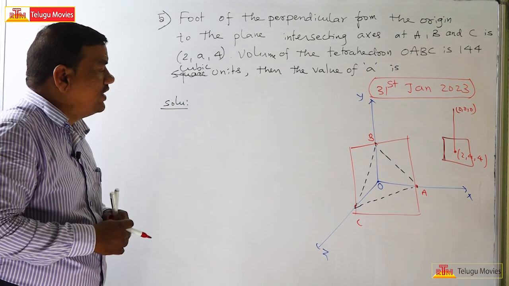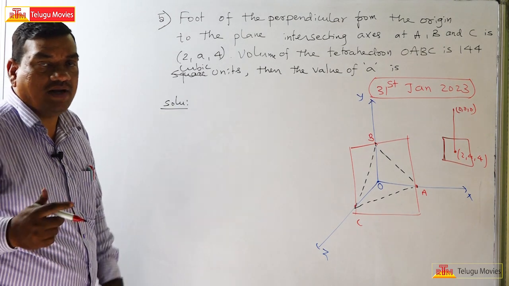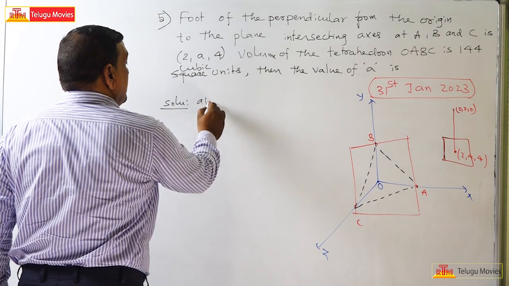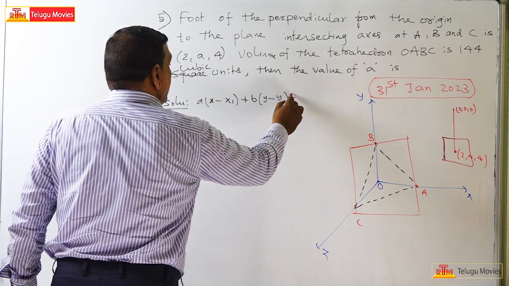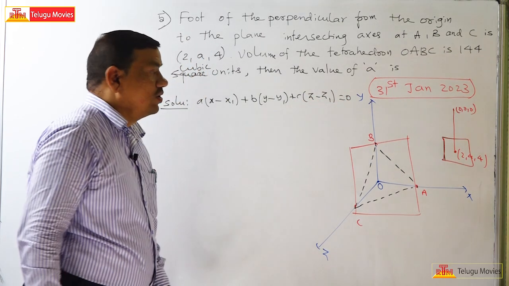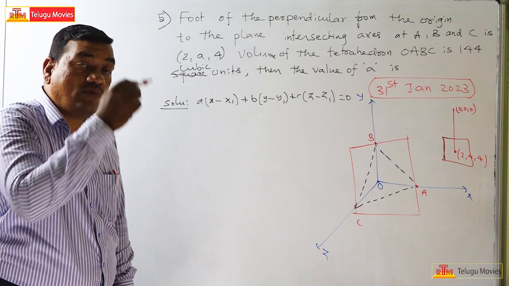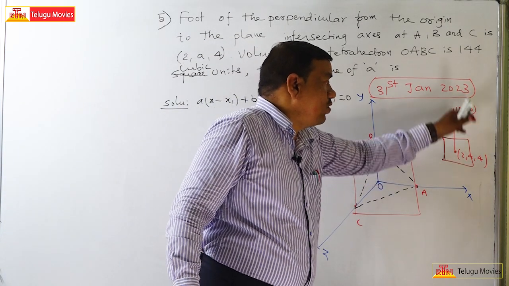First we will find the equation of the plane. The equation of the plane is a(x minus x1) plus b(y minus y1) plus c(z minus z1) equals 0. Here a, b, c are the direction ratios of the normal, which are 2 minus 0, a minus 0, 4 minus 0.